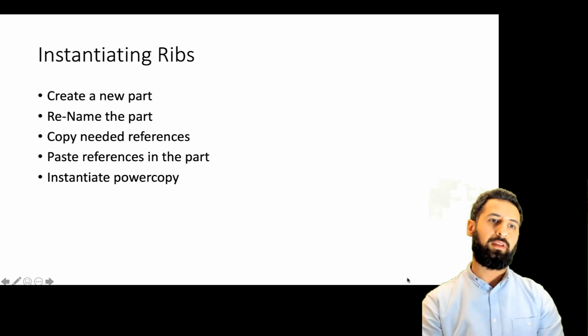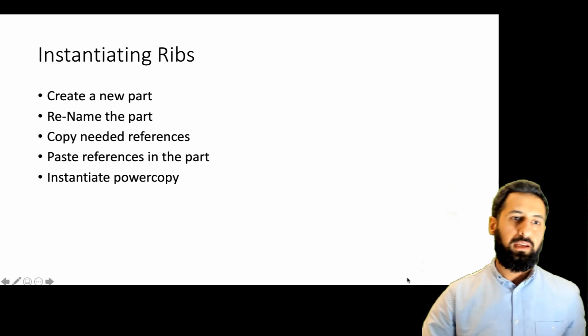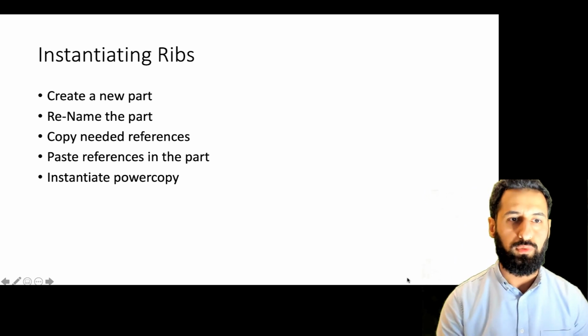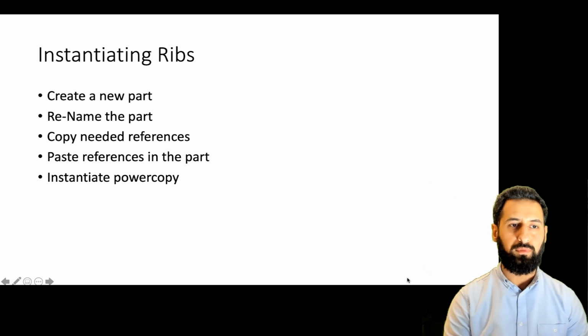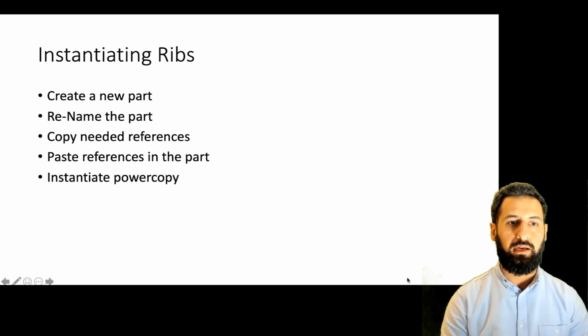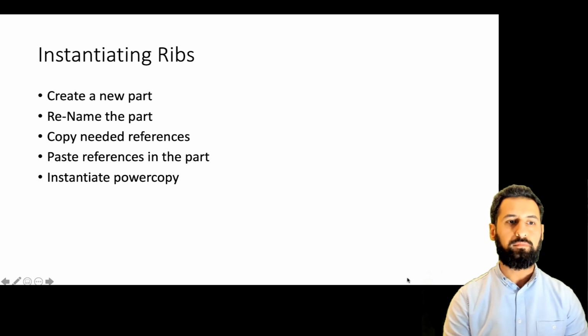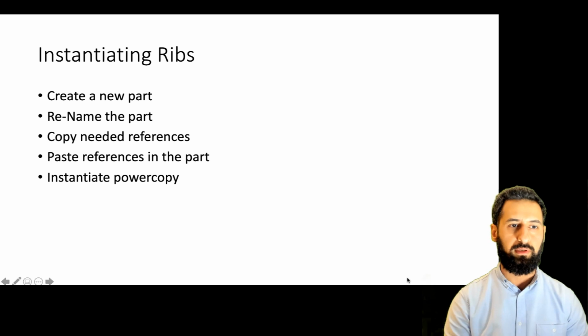Okay, welcome back. For instantiating ribs, what we need to do is to create a new part. We need to rename the part so it has a correct name. So when we create a new part, usually it gets a random name in CATIA, for example, part 7 or something like that.